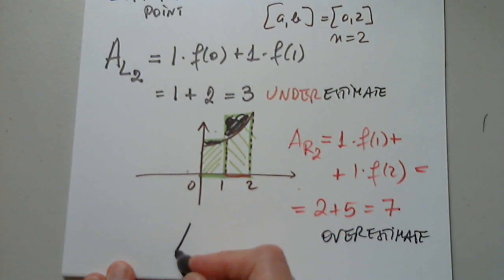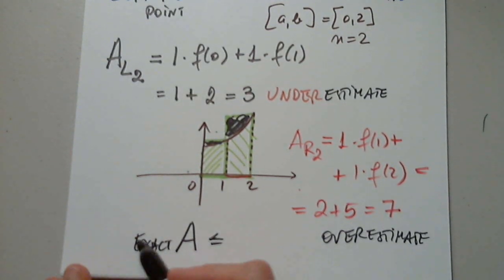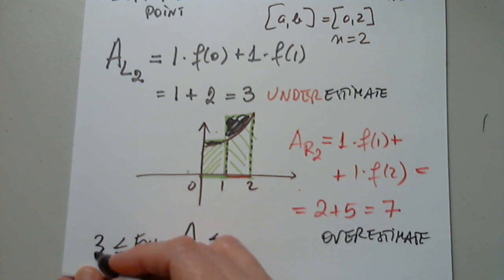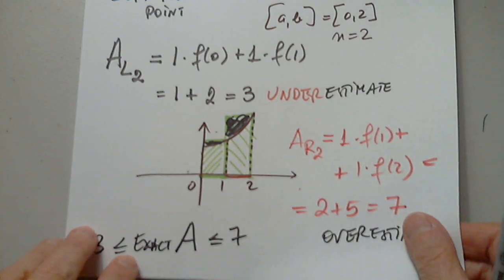So can I say that the exact area is somewhere between 3 and 7? For sure. Yeah. Perfect. We have to illustrate with the third one, which is the midpoint.